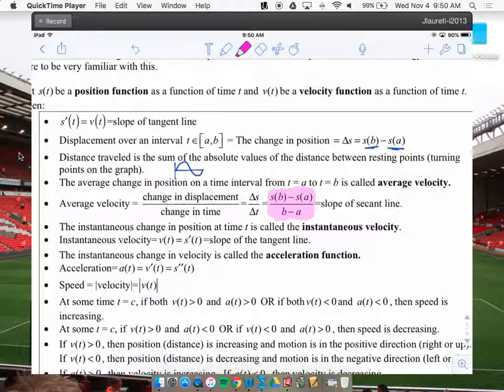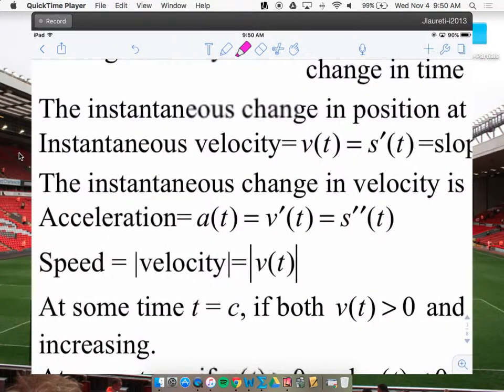Instantaneous change in velocity is called acceleration. So these are the big 3 that you need to remember. You start off with position, you take its derivative, you get velocity. If you take velocity's derivative, you get acceleration. Okay? So velocity will give you the slope at any point of position, and acceleration will give you the slope of velocity.